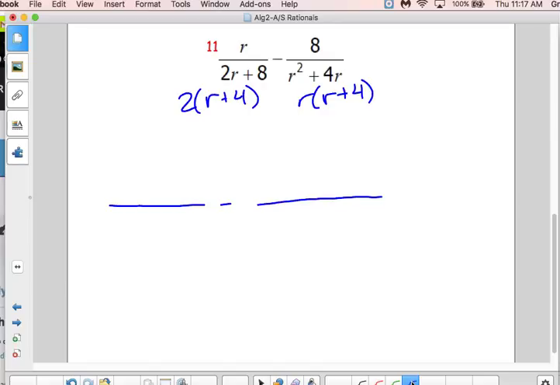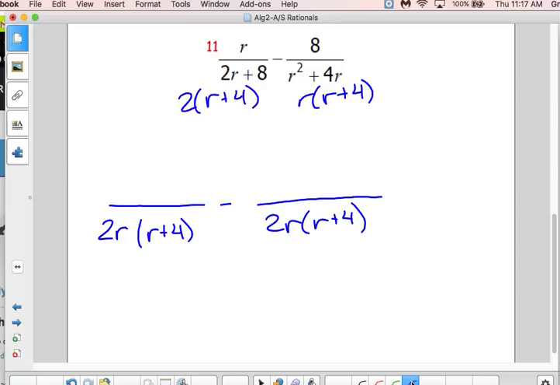To find the common denominator, you just look at all the pieces. So total, what pieces do we have? 2 and r and what else? 2r plus 4. The reason I like doing this first is I think it's easier to see what missing pieces you have.